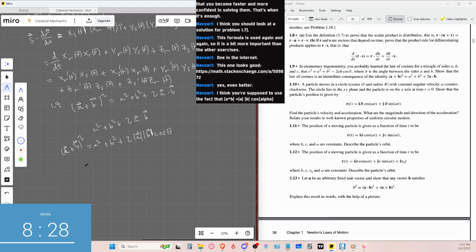Since they are vectors, you add them together and then you square them.